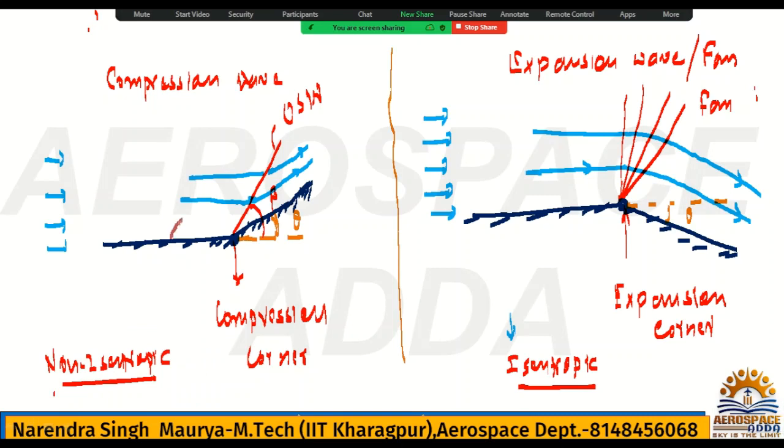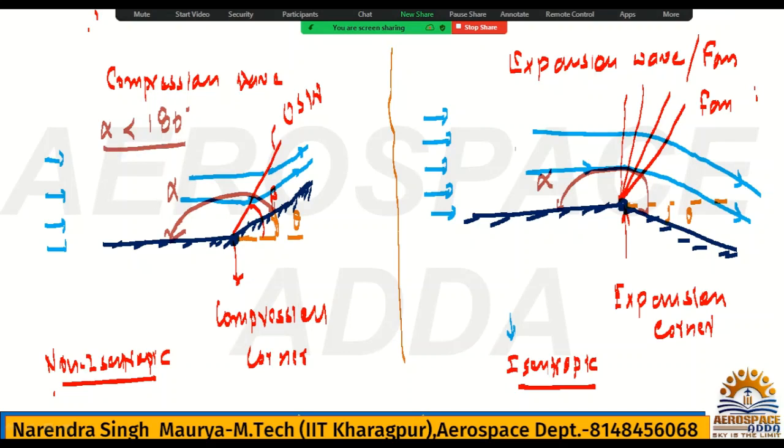Okay, this angle I am saying, say this is alpha. So if alpha is less than 180, then what corner will be created?